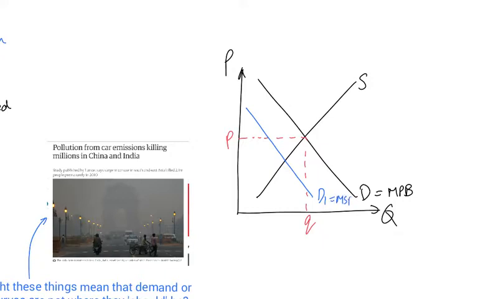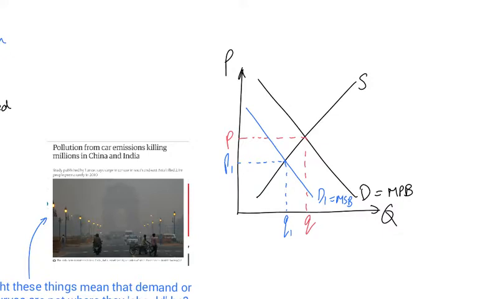Now, the reason here is slightly different, because these additional costs that are not being taken account of are not costs which are actually felt directly by the person doing the consumption. So the person driving the car doesn't directly get negatively affected by the pollution which is generated. These costs are on society. So the MSB refers to the marginal social benefit, and we can see that the social benefit of driving is much lower than the private benefit of driving.